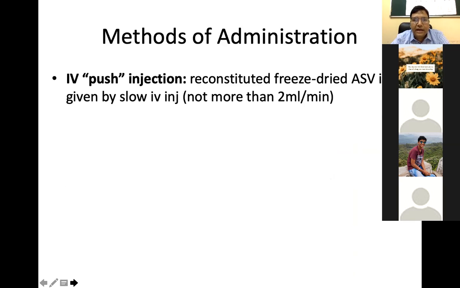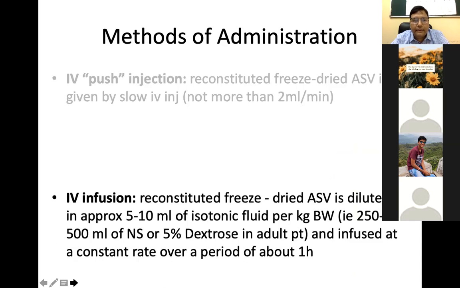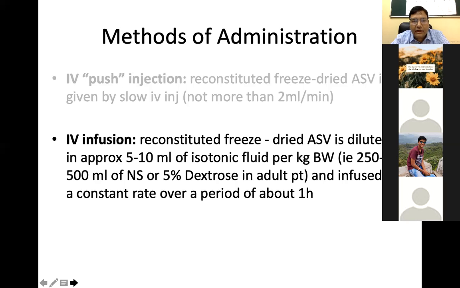In IV push, the anti-venom is given by slow IV injection, not more than 2 ml per minute. By infusion, we dilute it to approximately 5 to 10 ml of isotonic fluid per kg body weight. That means we give 250 to 500 ml of normal saline or 5% dextrose and infuse at a constant rate over around 1 hour.